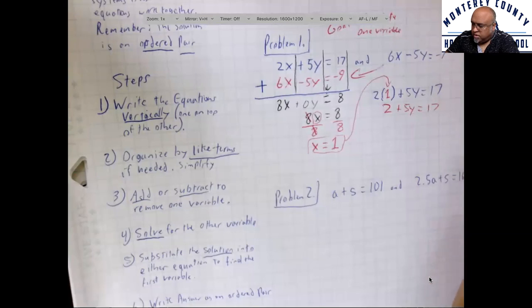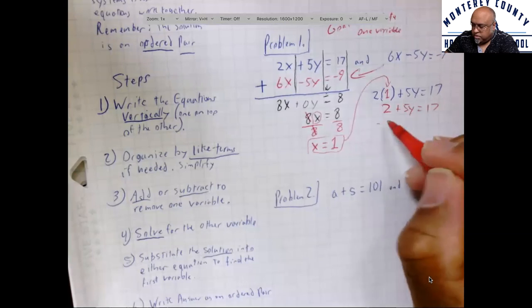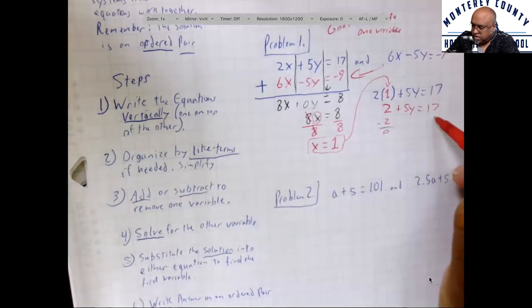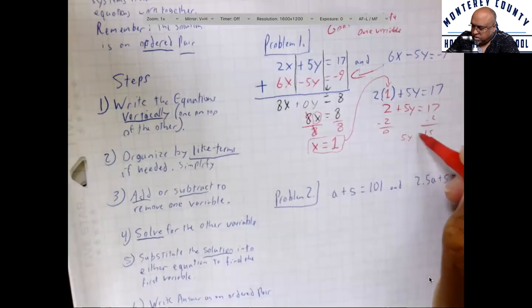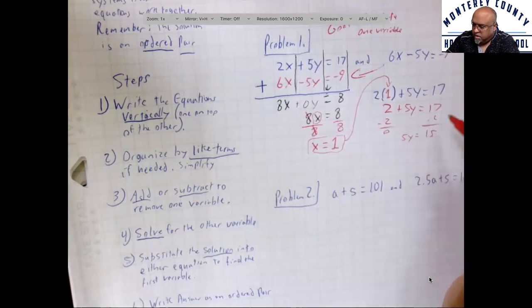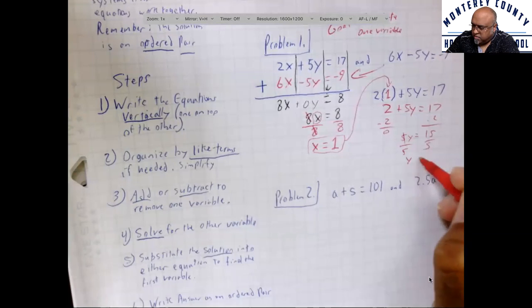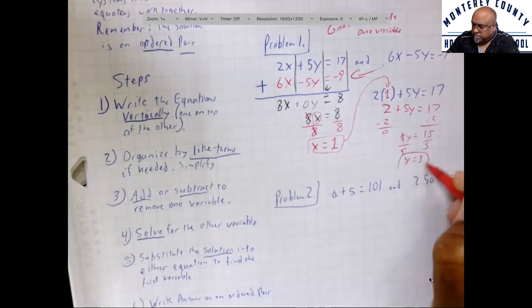What do I do next? Yes, Evelyn, you're right. I want to subtract 2 to both sides. 17 minus 2 is 15. Now I have 5y equals 15. So then I divide 5 to both sides, and I have y equals 3.